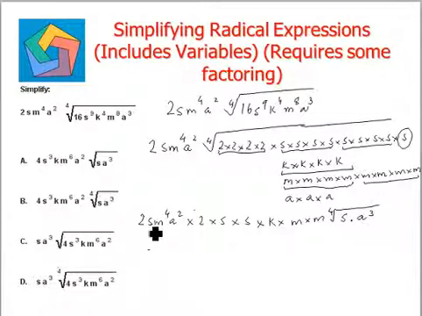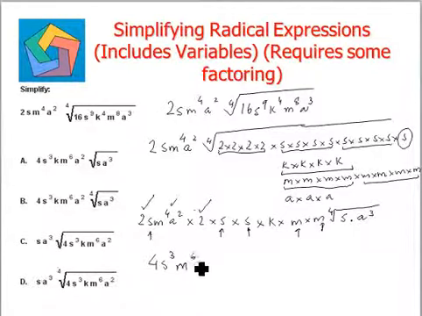Now we'll combine outside the radical, the numbers first. 2 times 2 is 4, s is 1, 2, 3, so s cubed. M we have 4, 5 and 6, m to the power of 6. Then first let's take the a squared as it is, and then k.